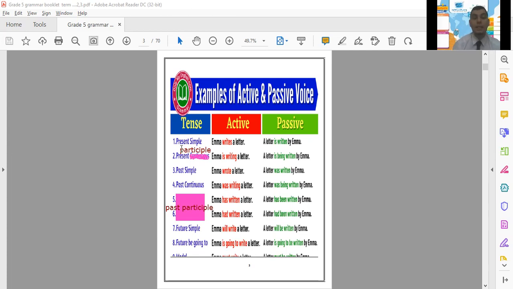Here, this is the table of conversion. So when we have a present, we put is plus the verb plus ed or en, the past participle. Like here, writes becomes is written, plays is played, loves is loved.